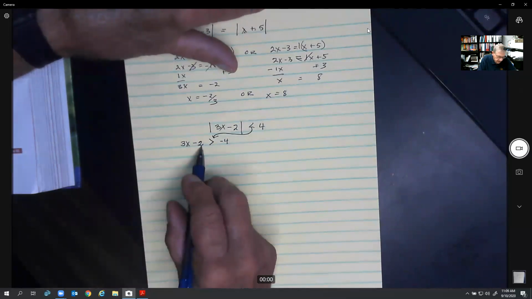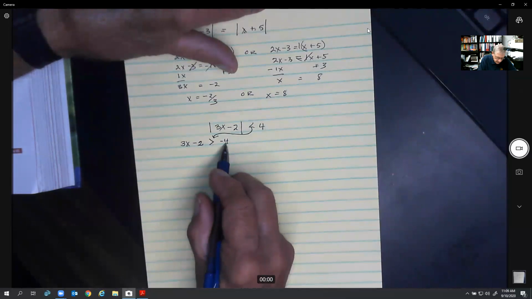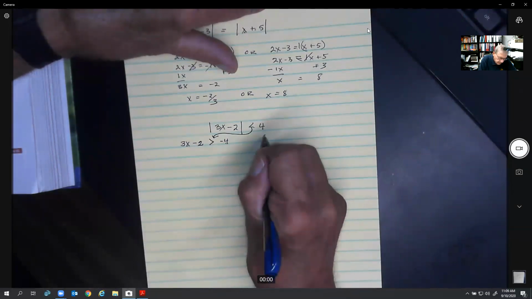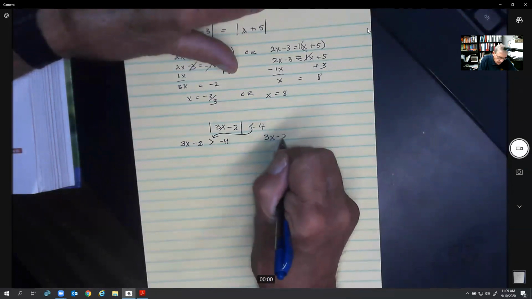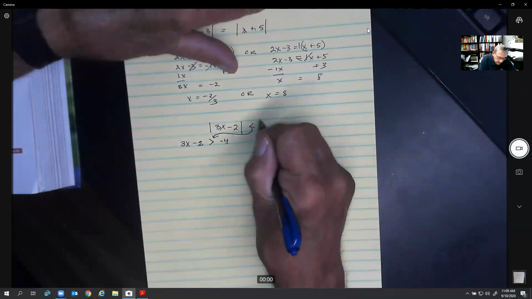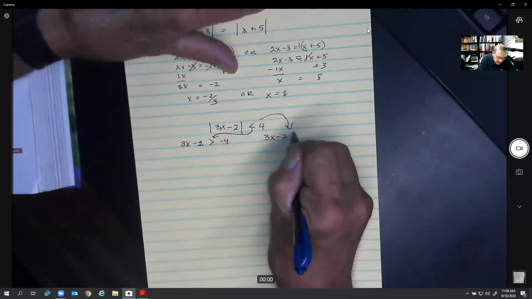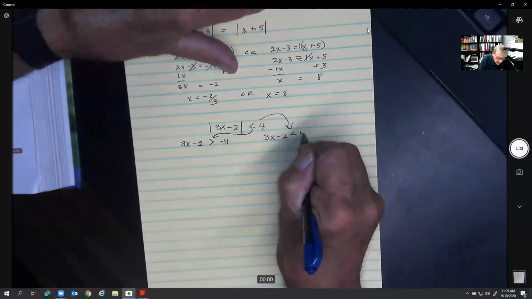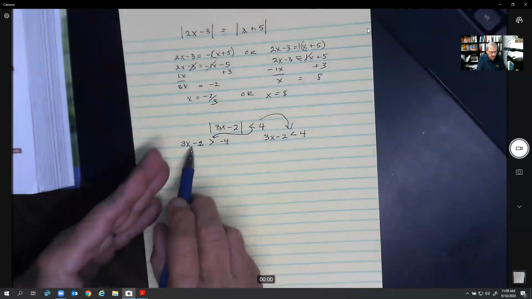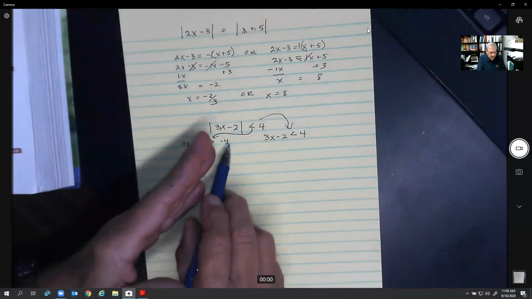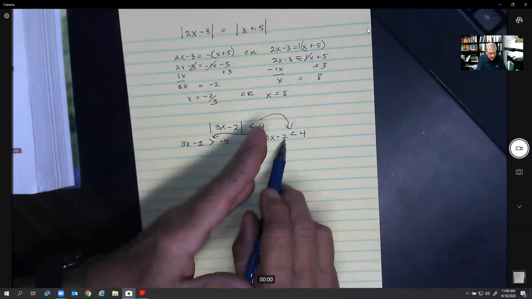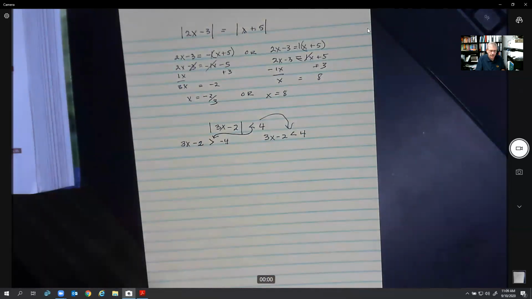So 3x minus 2, opposite, opposite. And 3x minus 2, same. See, that doesn't change. Same. So 3x minus 2 is greater than negative 4, 3x minus 2. And this will give us the right answer and an easy way to do it.